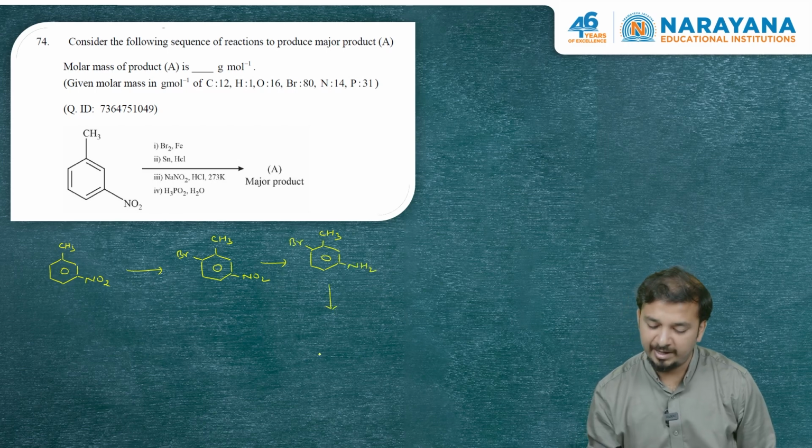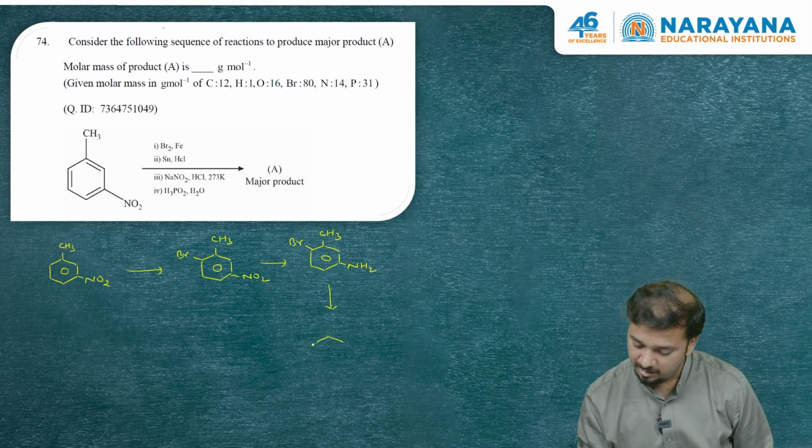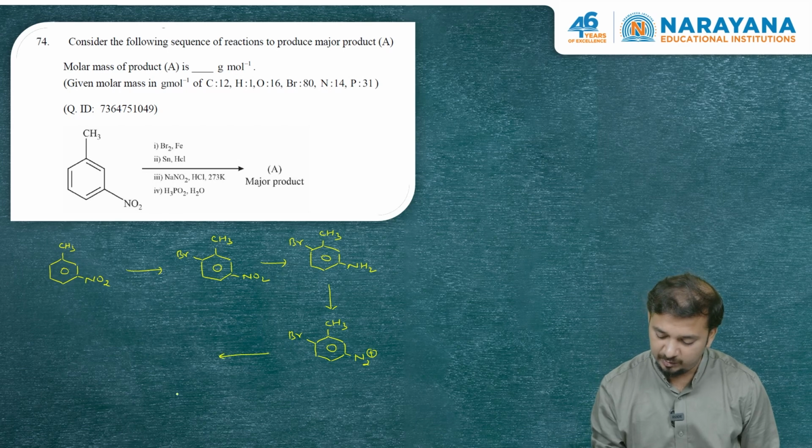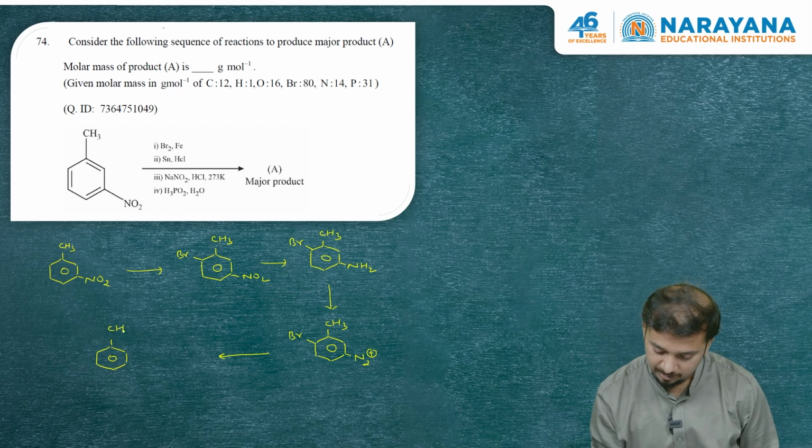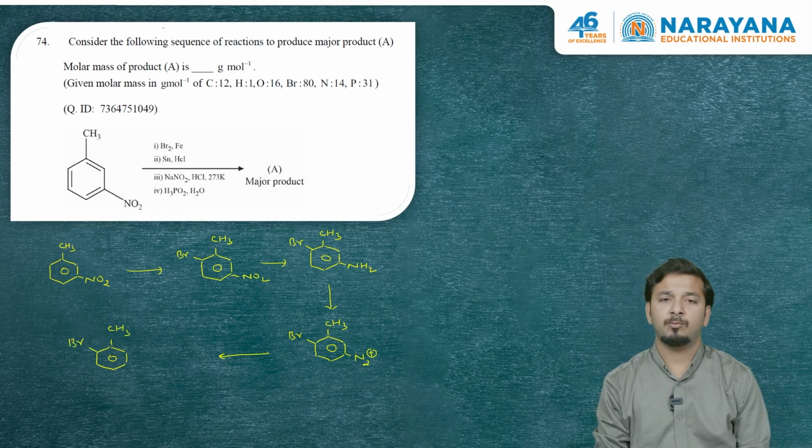After this, NaNO2/HCl at 273 Kelvin is used for diazotization, there will be formation of diazonium ion. So CH3, Br and N2+ will be formed, and then it is treated with H3PO2. When it is treated with H3PO2, it will be converted to this molecule, CH3 and Br. So the question is, what is the molar mass of this compound?